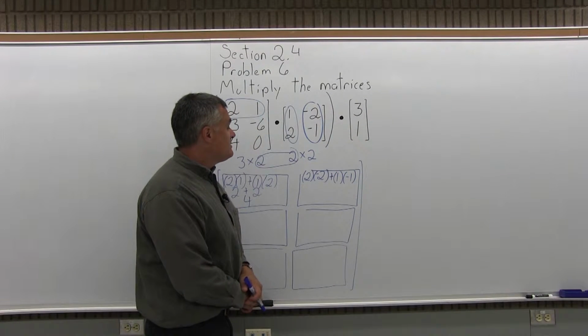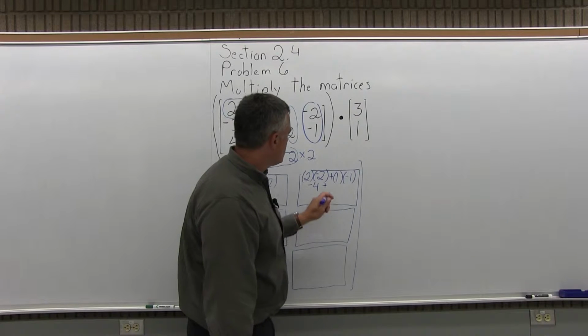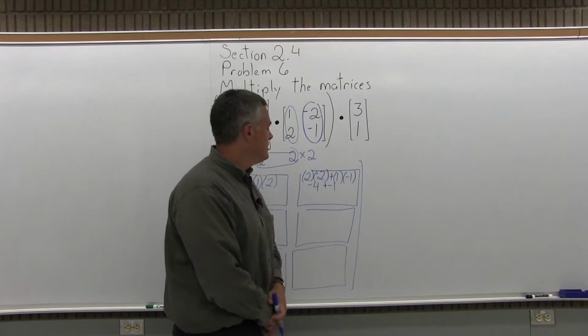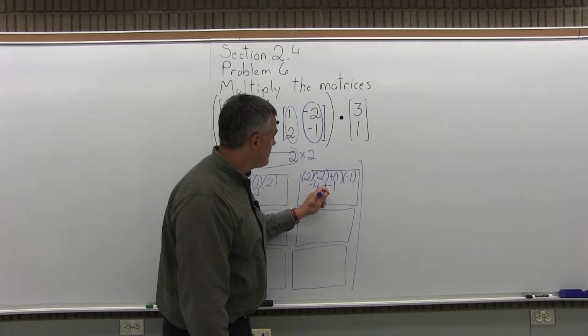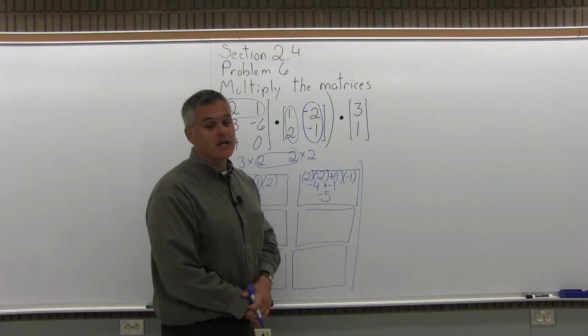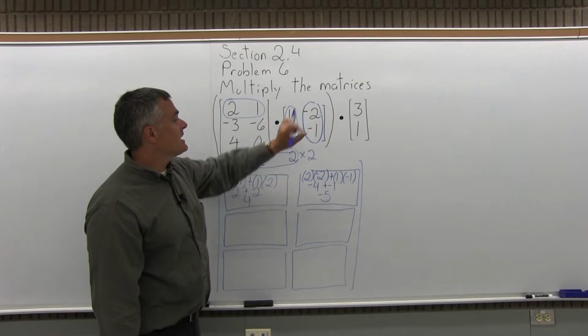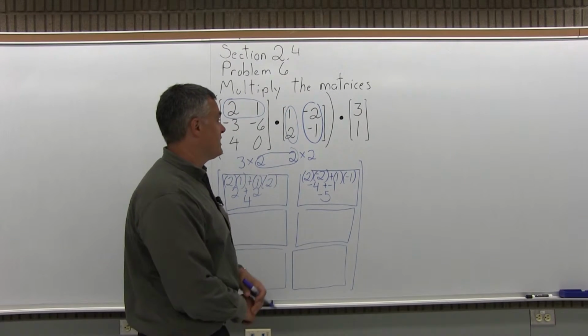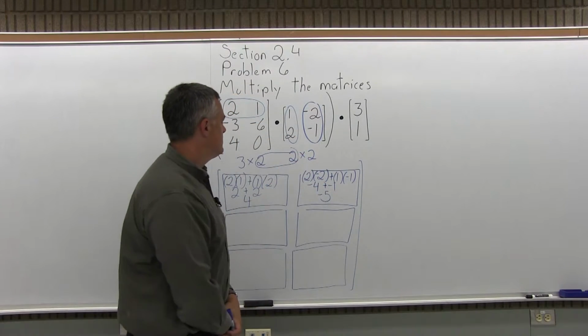Now 2 times -2 would be -4 from the first times first. And the second times second, 1 times -1 is -1. So -4 plus -1 would be -5. And notice where that -5 goes. I multiply the top row of the first matrix times the second column of the second matrix, and I put the answer I got in the top row and second column of my answer.